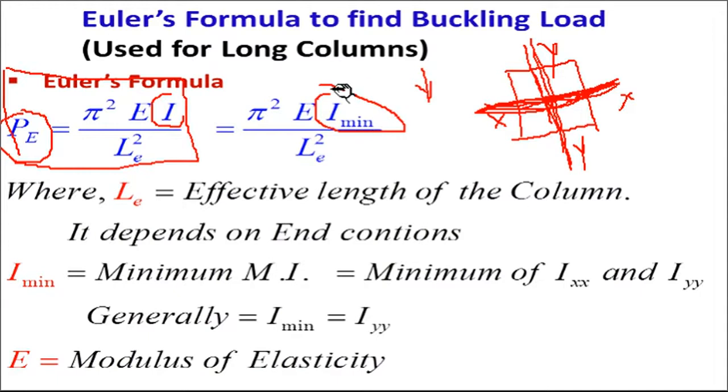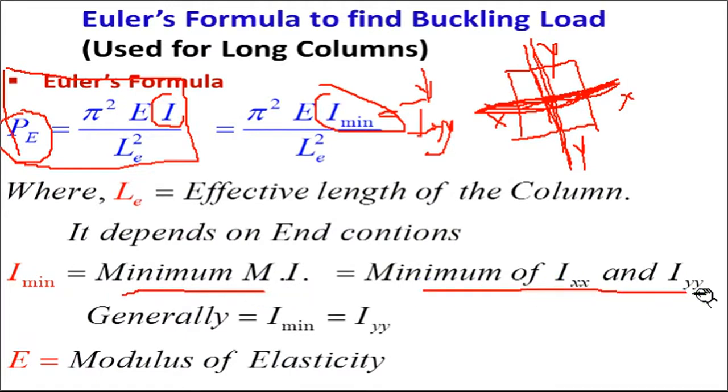Whenever you are considering I minimum, definitely you are going to consider Iyy here. And when you are taking Iyy, the column will be safe about both the axes. So here you can see I minimum is the minimum moment of inertia, minimum of Ixx and Iyy, and generally the minimum will be Iyy, but you have to verify.